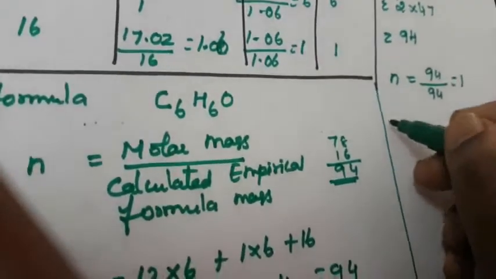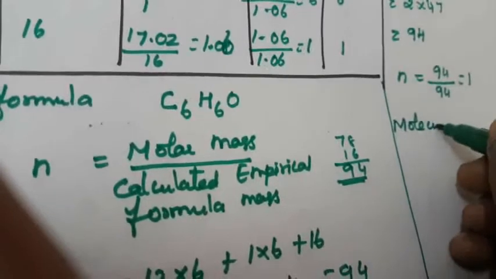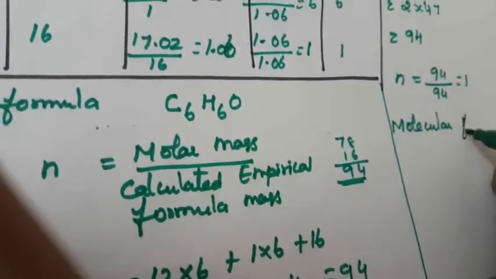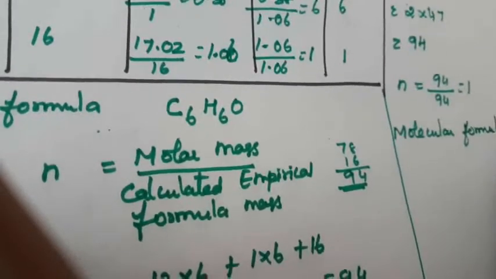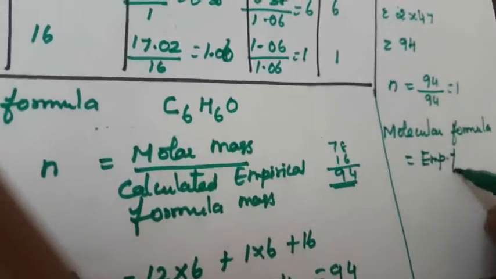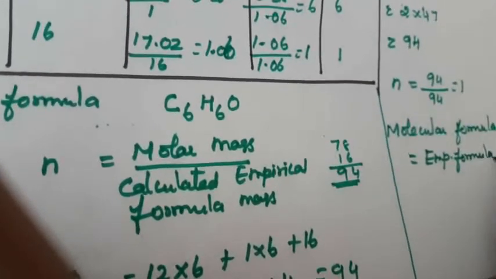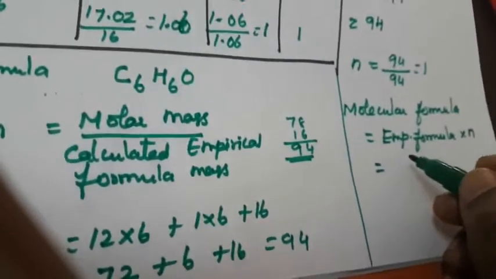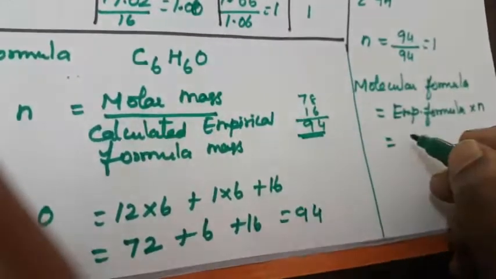So what is the molecular formula? You can write the formula: molecular formula equals empirical formula multiplied by n. What is the empirical formula?